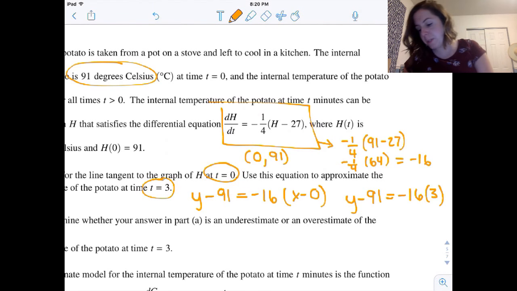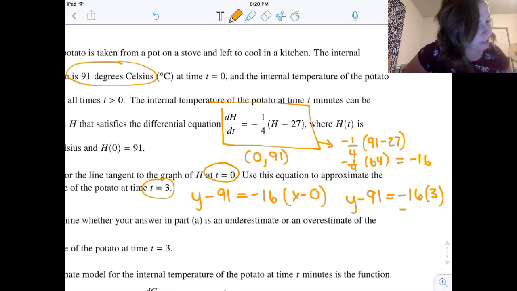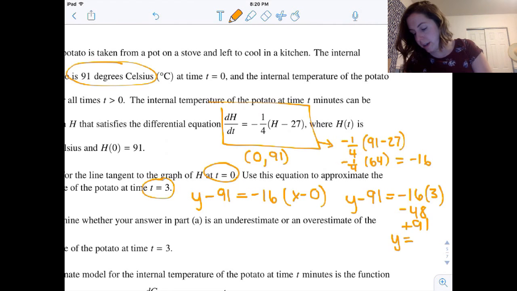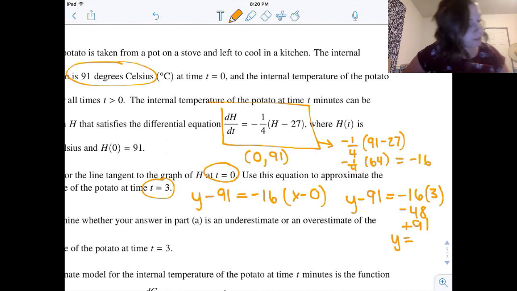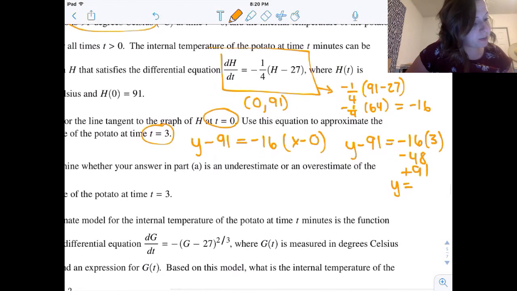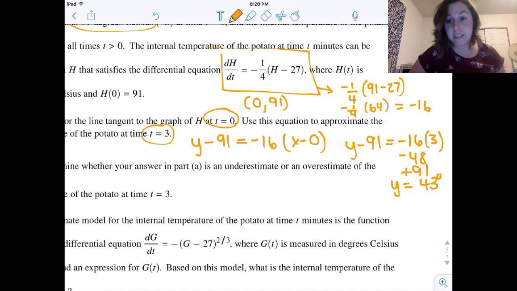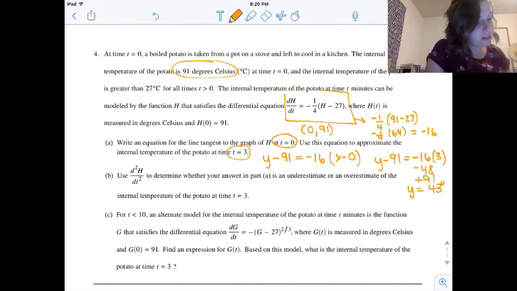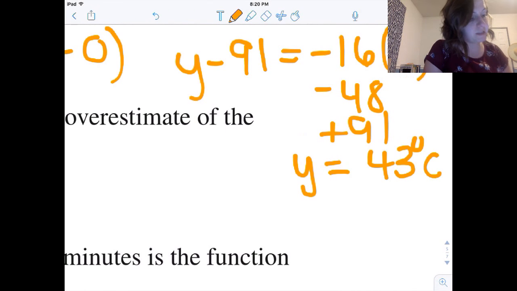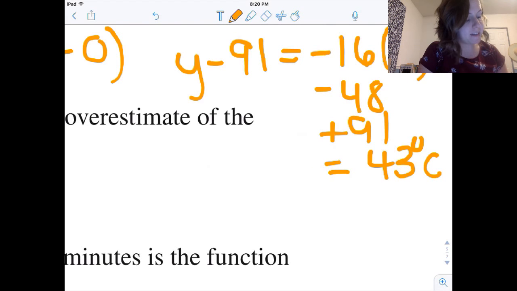Add 91 over there. So y would equal 43 degrees. So your potato is cooling off. It is now 43 degrees. Check your units, right? You need units on your answer. This would be 43 degrees Celsius. So that's my approximation. And I could say here that h of 3 is approximately that value.